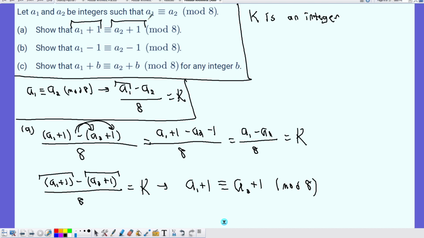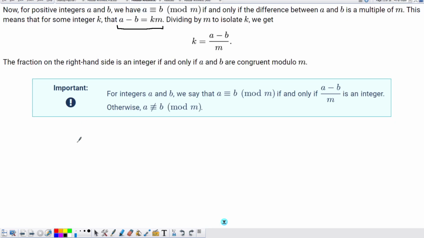And like everything in math, it starts from these simple definitions we worked with: if the difference divided by mod m is equal to an integer k, then it establishes the congruence relation.